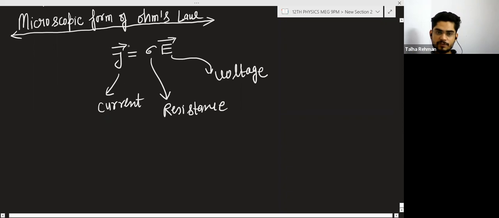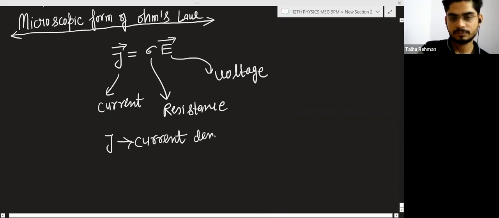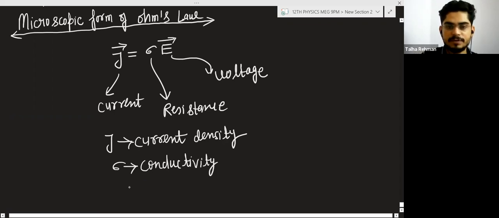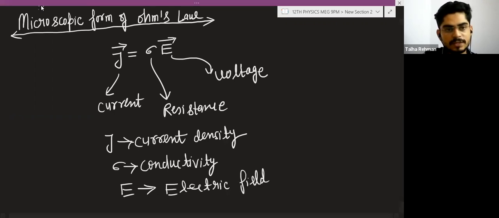Here, instead of current, I have written current density, J is the current density, sigma is the conductivity, and E is the electric field. So you can relate this.